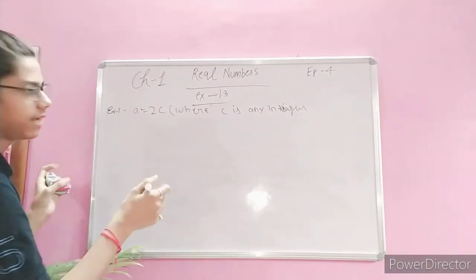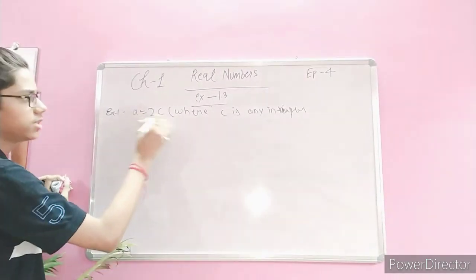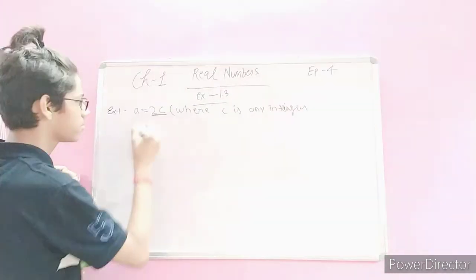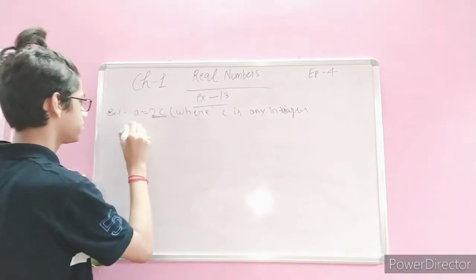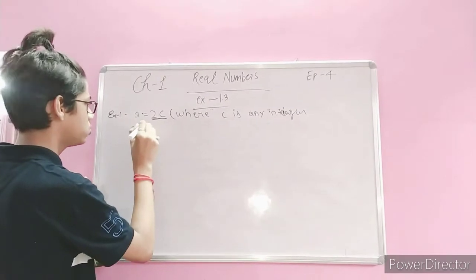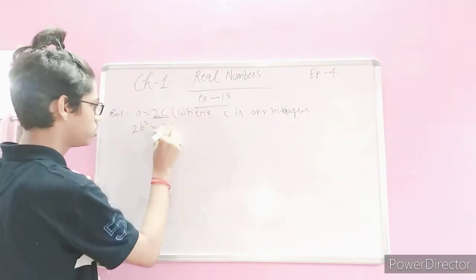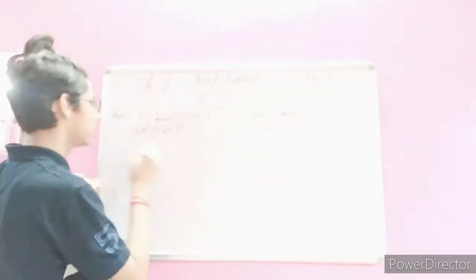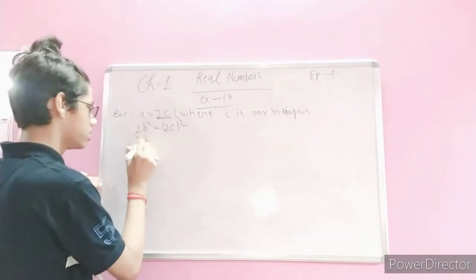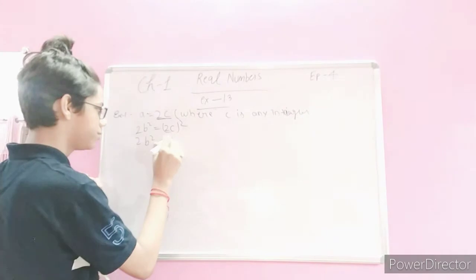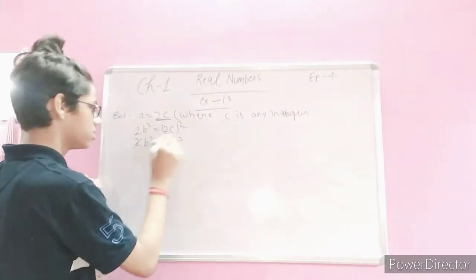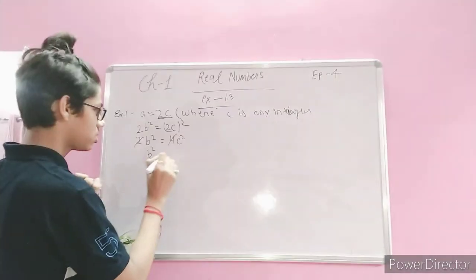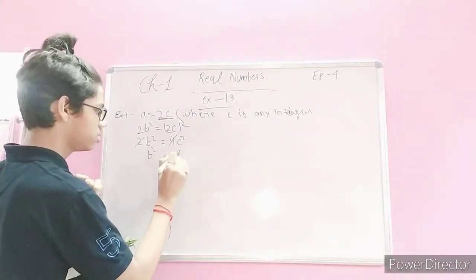So we will put the value of a here, which is 2c, in the first equation. So we will have 2b square is equal to 2c whole square, because there was a square, and 2b square is equal to 4c square. Now this 2 is cancelling in 4, and b square is equal to 2c square.